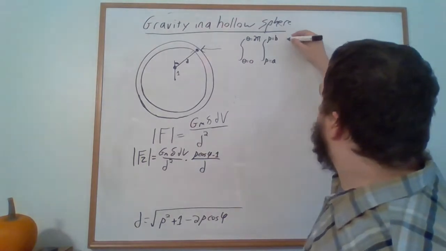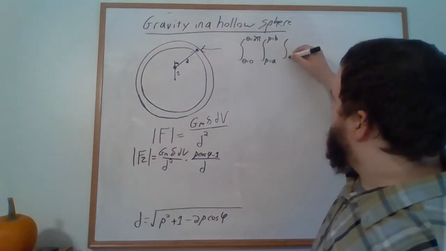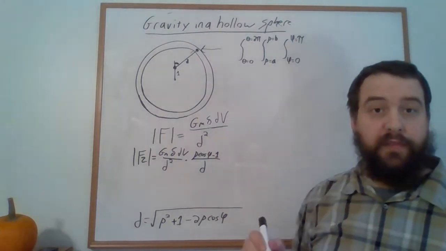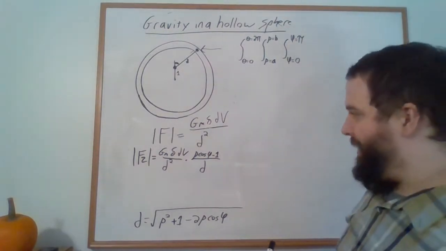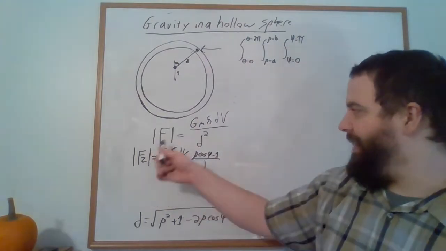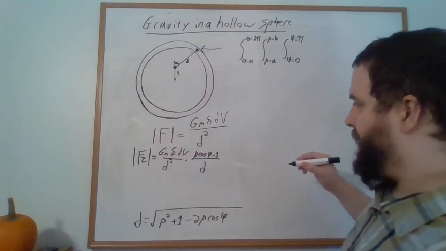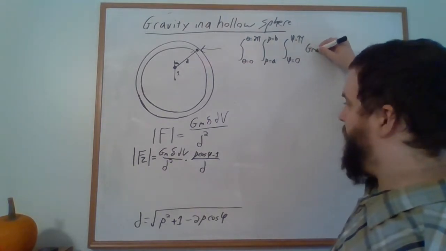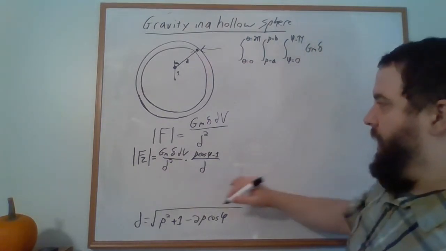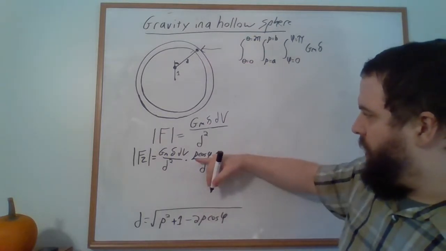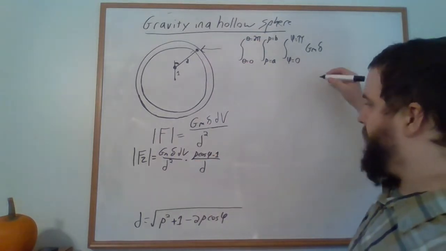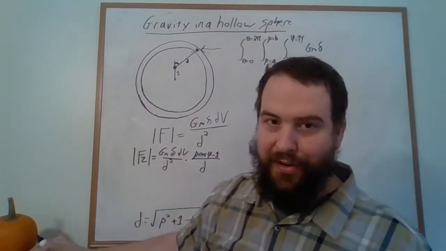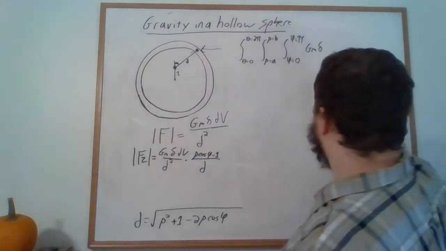And then finally, phi goes from 0 to pi. Of this thing that we're trying to integrate here, let's get the constants out front. So that's going to be G M delta. And then we want our rho cosine phi minus 1. I'm actually going to start a new line here just so that everything's clear.